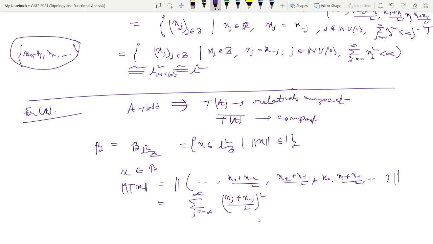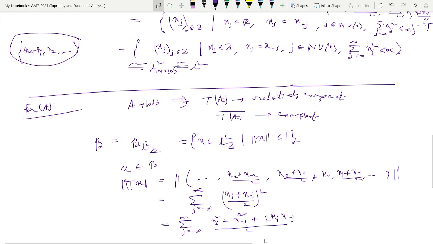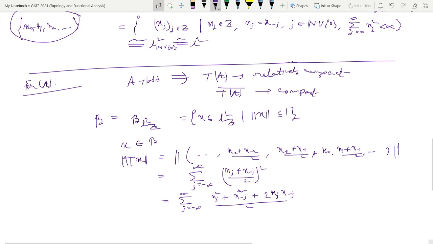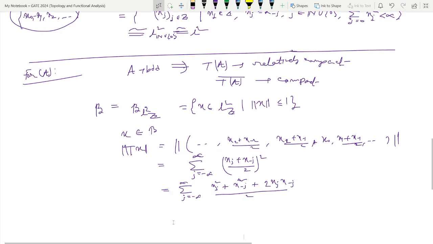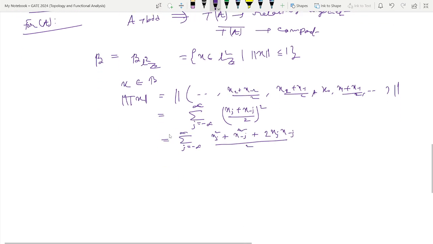By simply calculating this, we get the summation of xj square plus x minus j square plus 2 xj into x minus j, with 4 in the denominator.